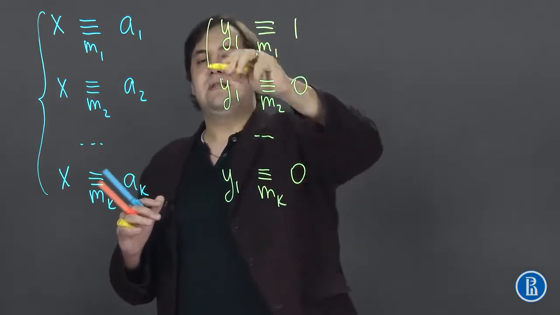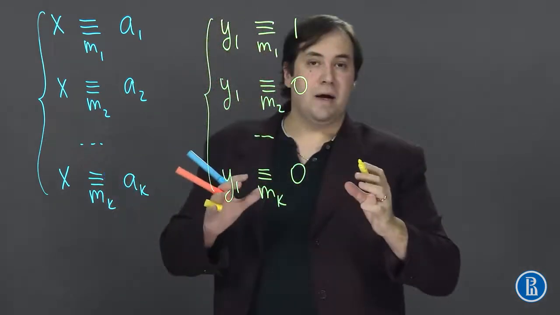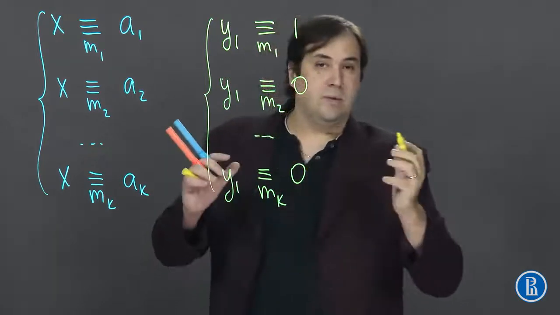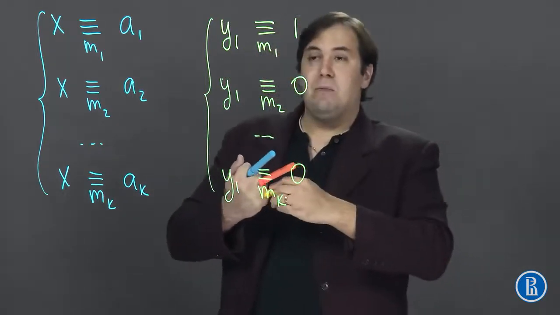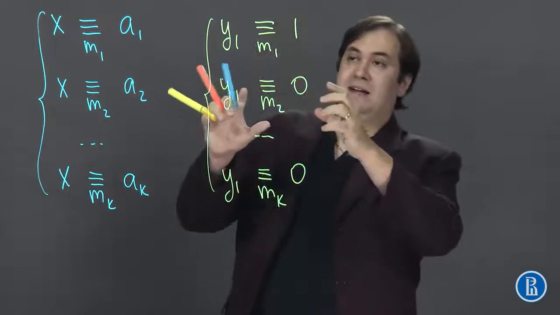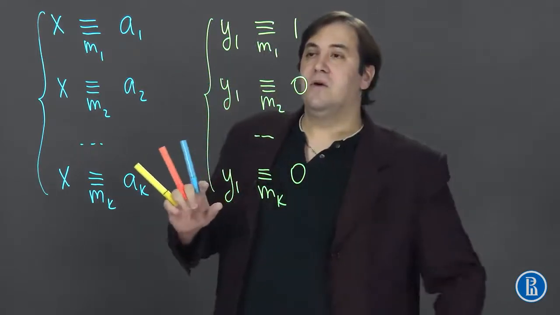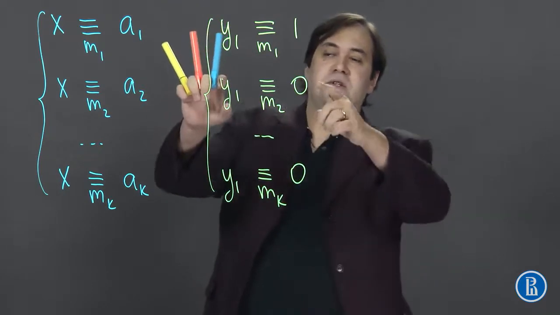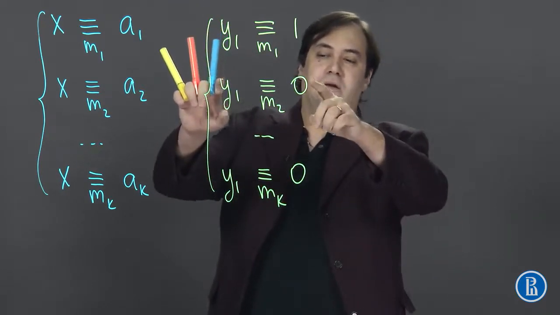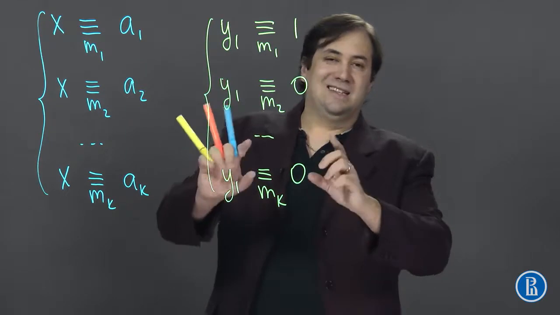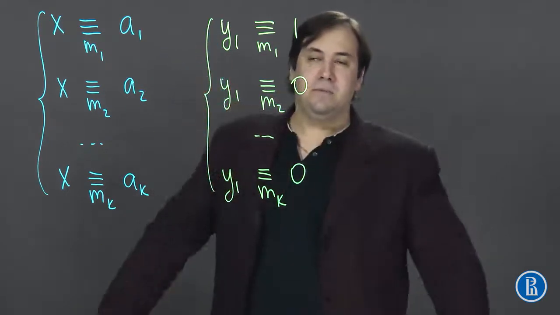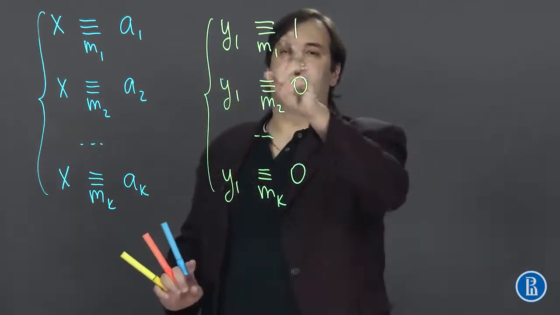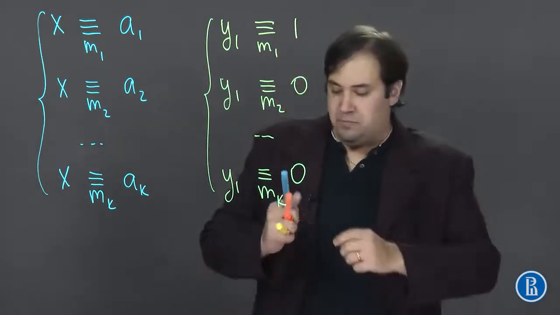You may have noticed that I've denoted it not just y but y1, because m1 is a special modulus for y1: y1 is congruent to 0 modulo all of the m's besides m1, and it's congruent to 1 modulo m1.